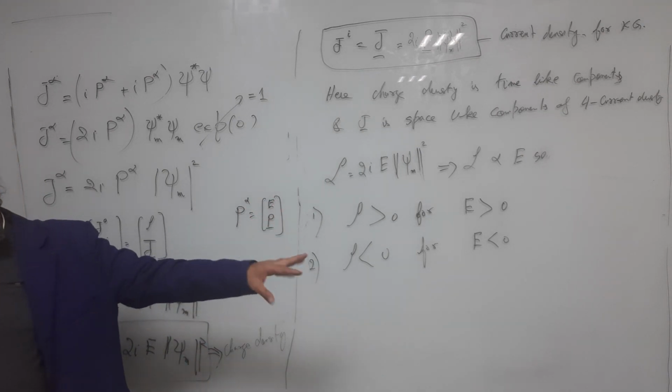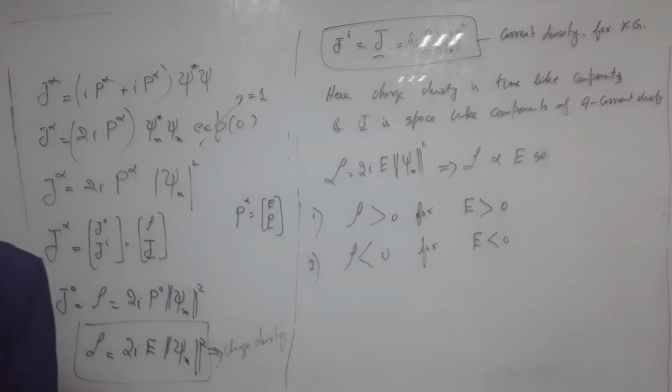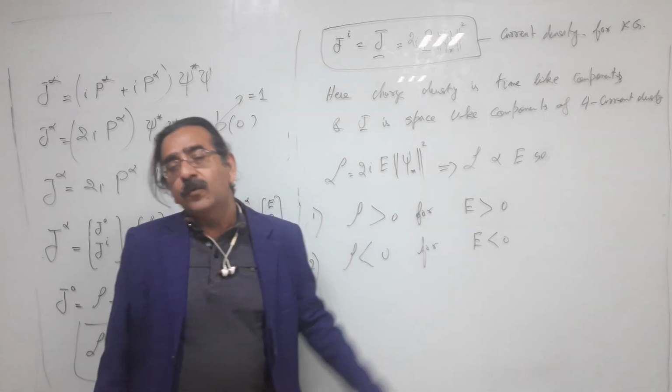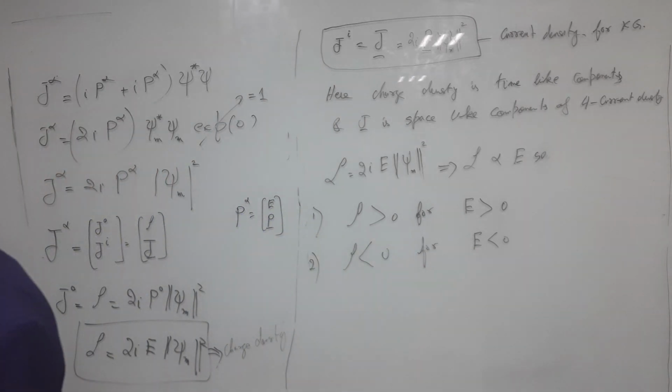So mostly scientists think that the KG equation is a flop, and we must move toward another equation. But we can't ignore this negative solution, because in simple undergraduate level quantum mechanics we have already studied that the set must be complete.